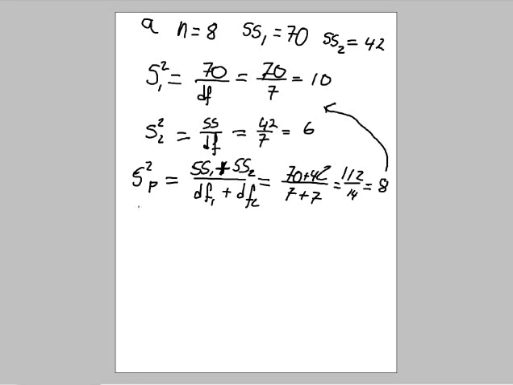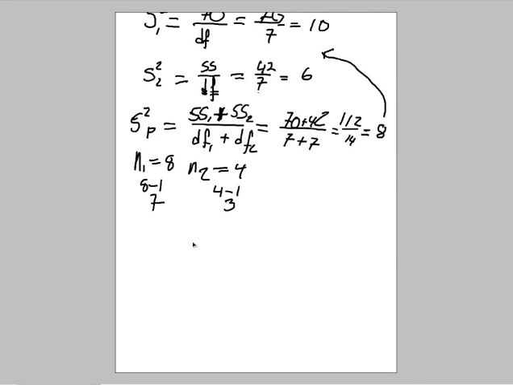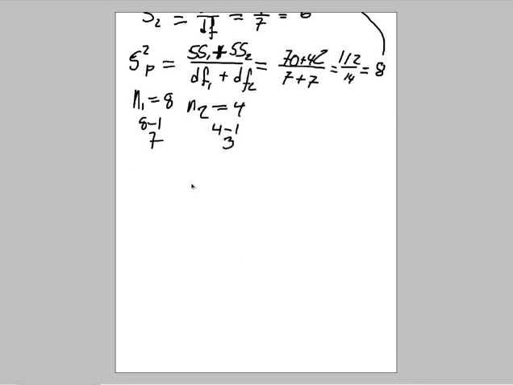So the sample size n1 is going to equal 8. n2 equals 4. That means that our degrees of freedom for 1 is going to be 8 minus 1, or 7, just like it was before. And this is going to be 4 minus 1, which is 3. Okay, let's move this up just a little bit so we have a little more room.